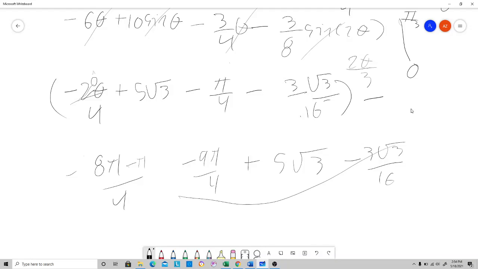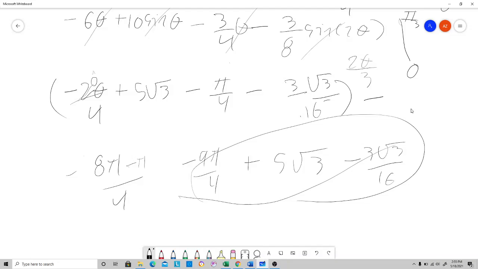And then if we plug this into our calculator, we can see, so we do negative 9 pi over 4 plus 5 square root of 3 minus 3 square root of 3 over 16.